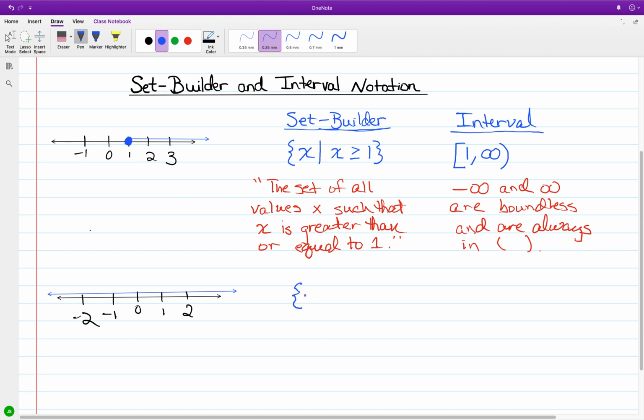For the set builder notation, we would have the set of all values of x such that x is an element of all real numbers. Again, the set of all values of x such that x is an element of all real numbers.